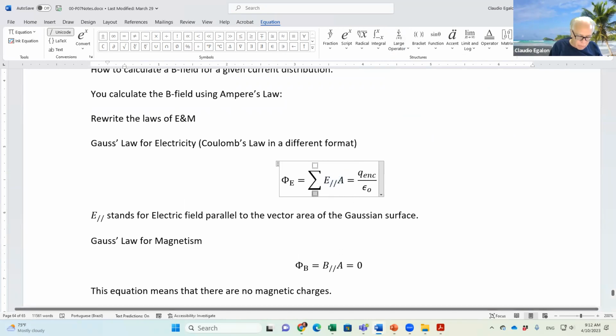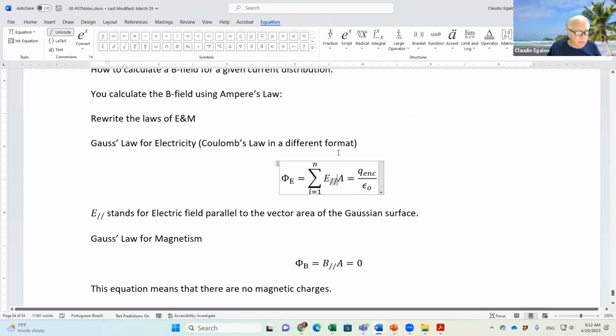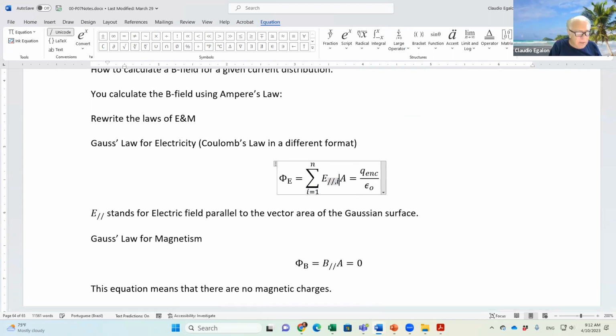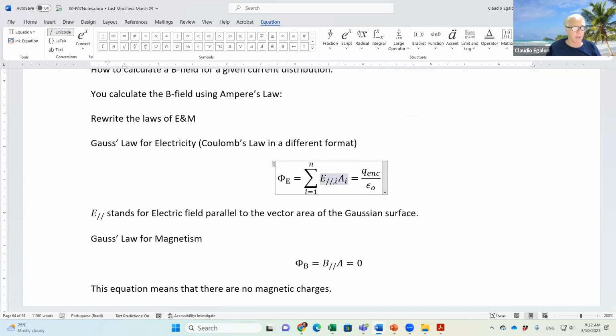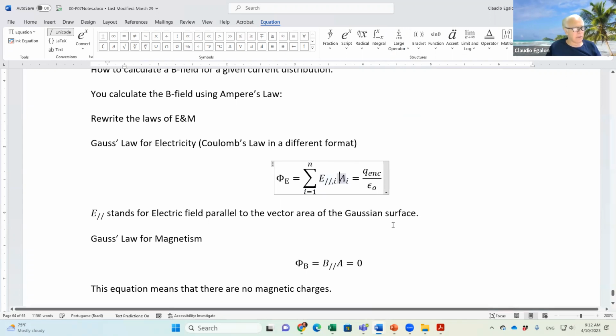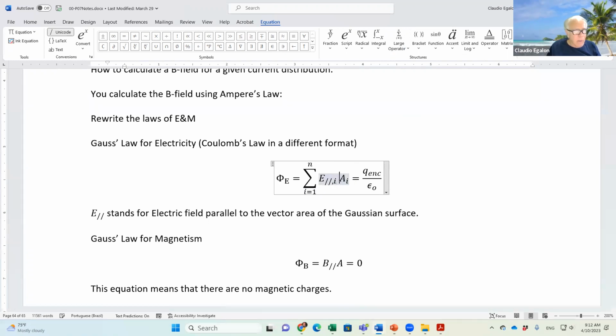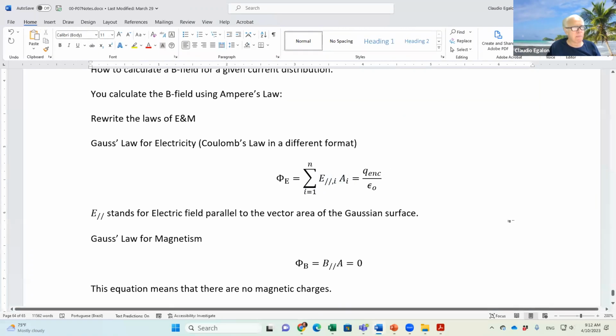Sometimes we have just one Gaussian surface. Sometimes we have 2 or 3 Gaussian surfaces. We did examples in which we had 3 Gaussian surfaces. That was the most number of Gaussian surfaces that we had as an example.